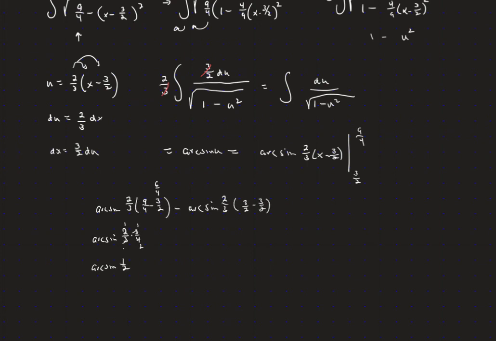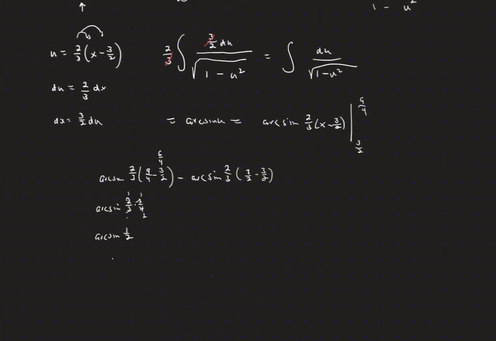So an arc sine of 1/2 is the angle whose sine is 1/2, and that's going to be pi over 6. Okay, we're making progress now. Well, 3/2 minus 3/2 is 0. The angle whose sine is 0 is 0. And ta-da, there is our answer, pi over 6. Very good.